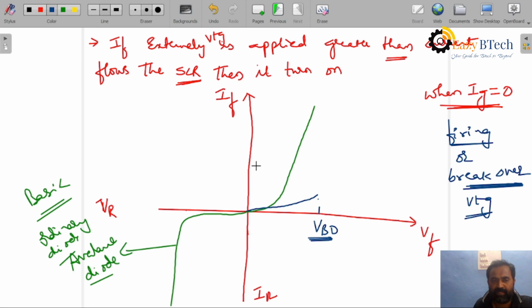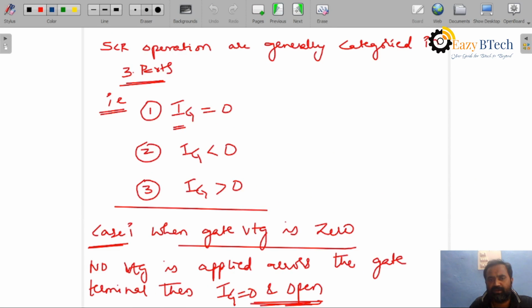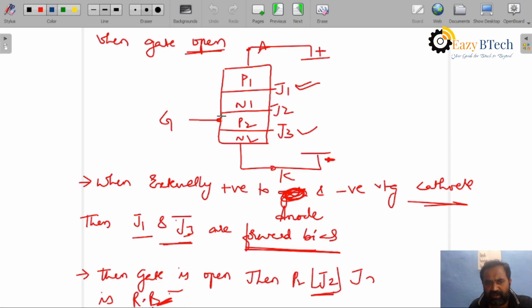It means you can see here very clearly, no doubt. When a voltage is applied across here, J1 is forward biased, J3 is forward biased, J2 is reverse biased, due to which a small current flows here. Now when this external voltage is increased, then a huge current will flow, and the SCR will be completely turned on.